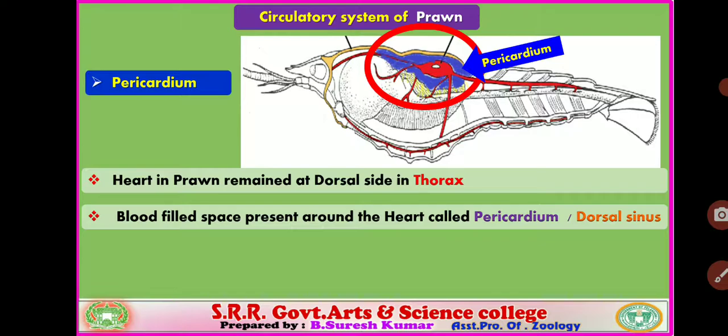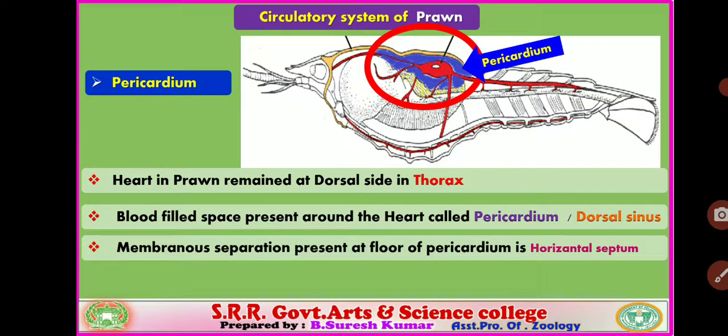It is also called dorsal sinus. Follow? So very important. So what is pericardium? Pericardium is nothing but the space present around the heart that is filled with blood. In the prawn, it is considered as pericardium, also called dorsal sinus.